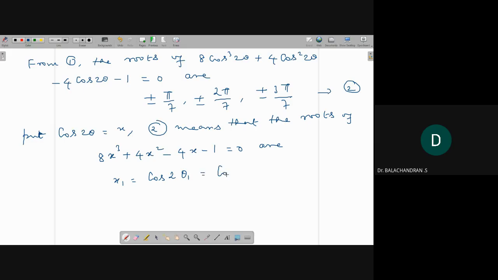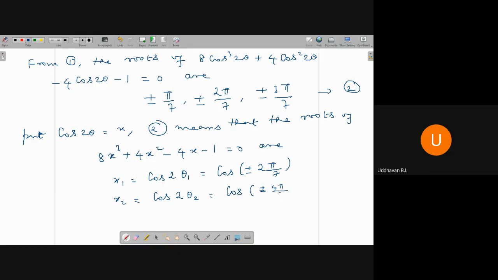So cos 2 theta 1 is plus or minus 2 pi by 7. Similarly, x2 equal to what? Cos 2 theta 2, where theta 2 gives plus or minus 4 pi by 7.